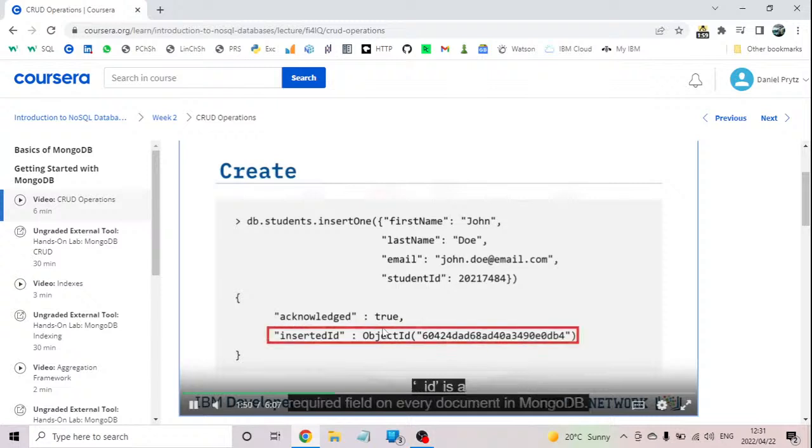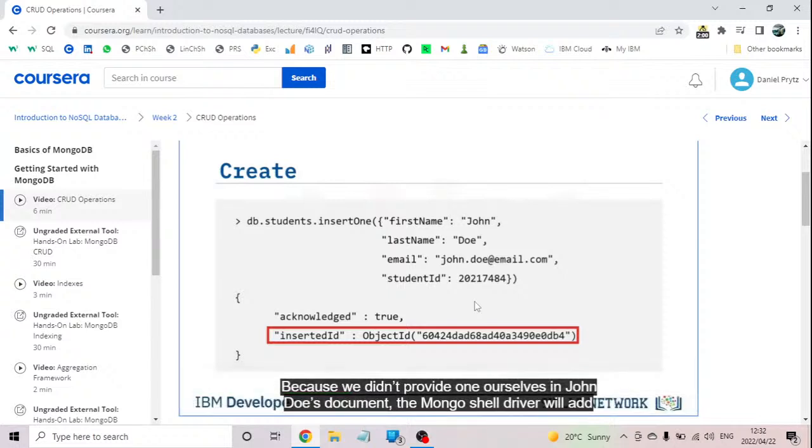The _id is a required field on every document in MongoDB. Because we didn't provide one ourselves in John Doe's document, the MongoDB shell driver will add the _id field and generate the ObjectId for us.